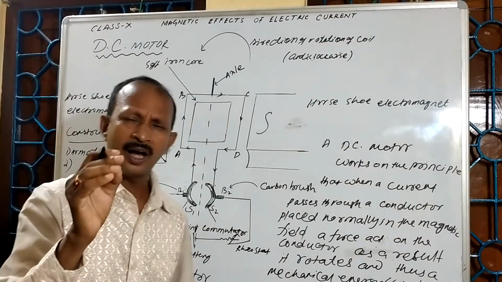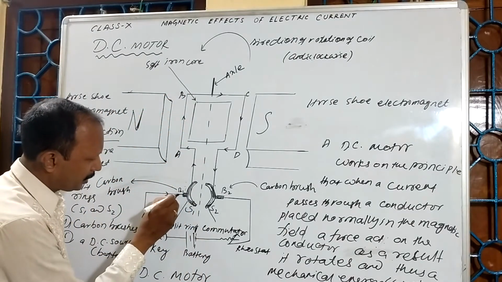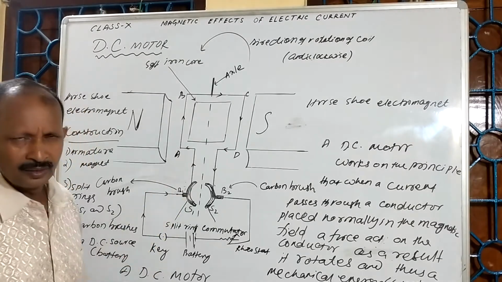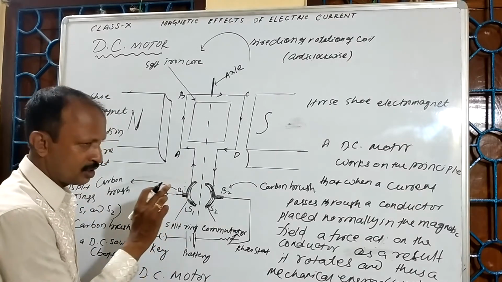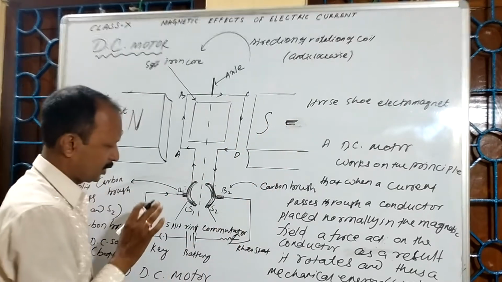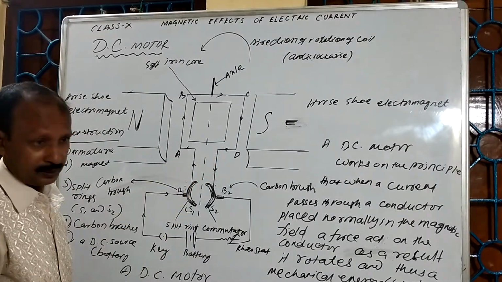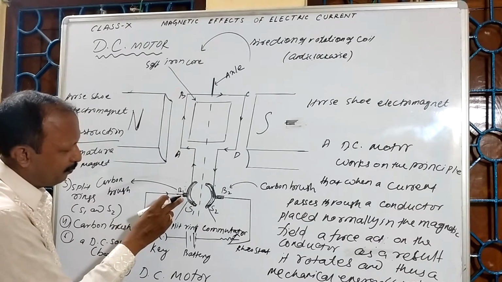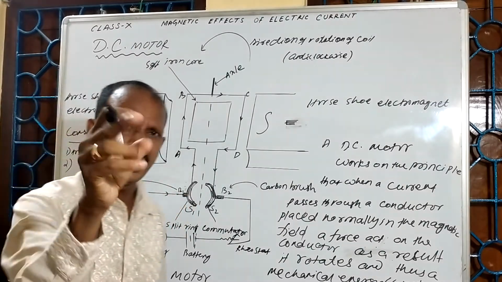Why have we taken the carbon brushes? You may think that we can make this metallic conductor contact directly, but there is a problem. These brushes are somewhat soft, with a number of thin wires in them. When the coil rotates along with the split rings, current flows through the brush. The brush will not damage the surface of the split rings.